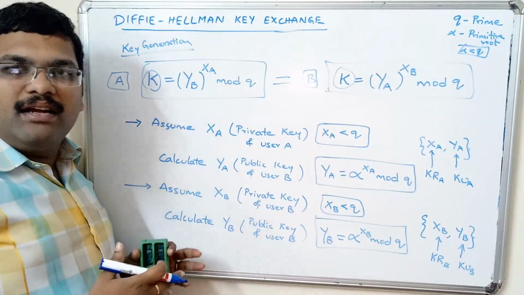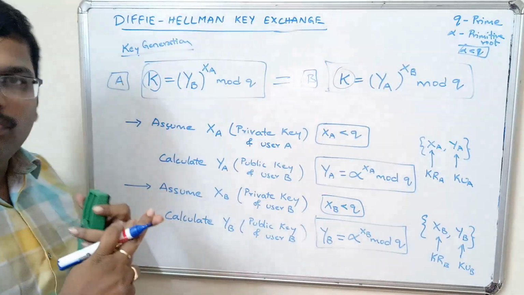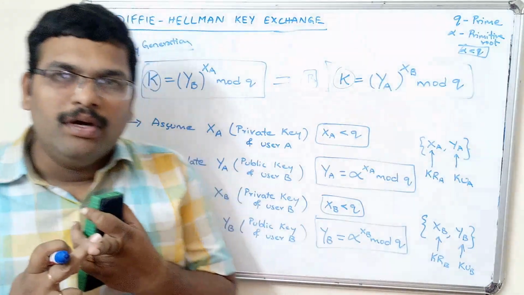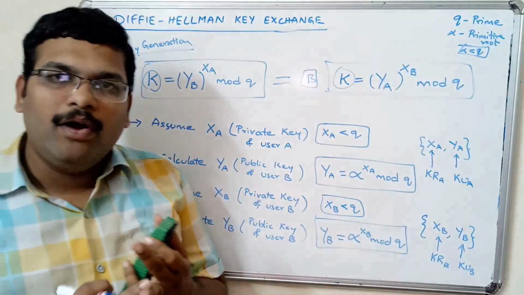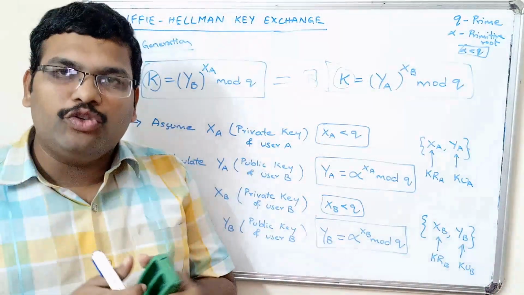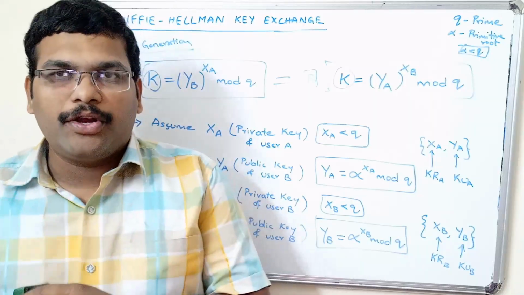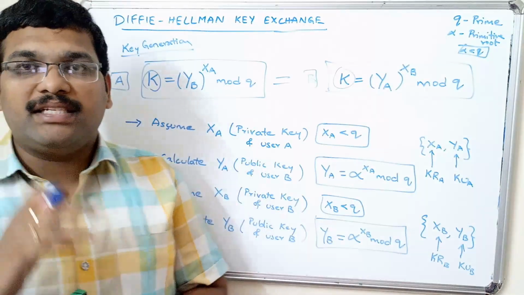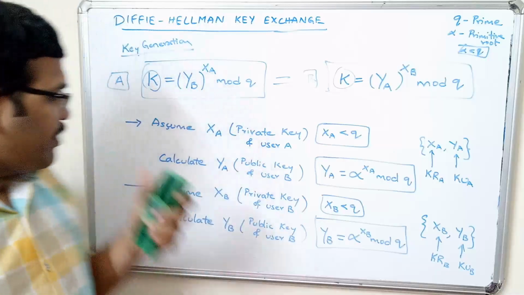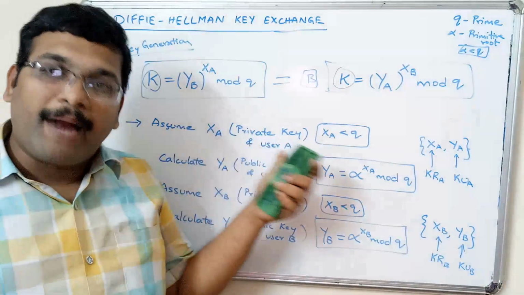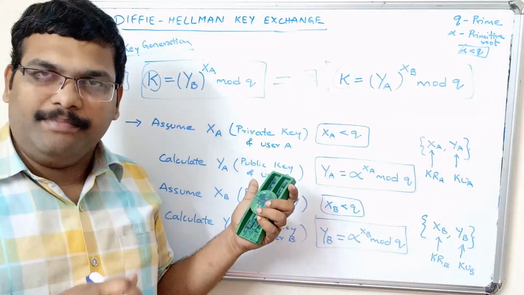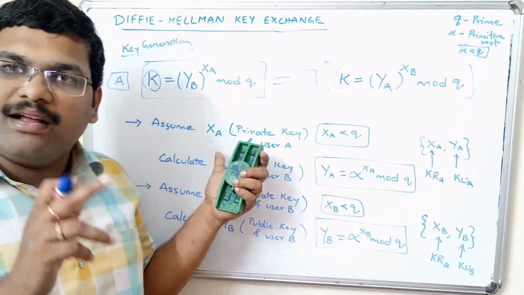So hope you understood this algorithm. First step, we have to select the prime number q, and then in the second step we have to find or assume the primitive root alpha, which is a primitive root of q, and it must be less than q. And then we have to assume the private key and calculate the public key of the sender.